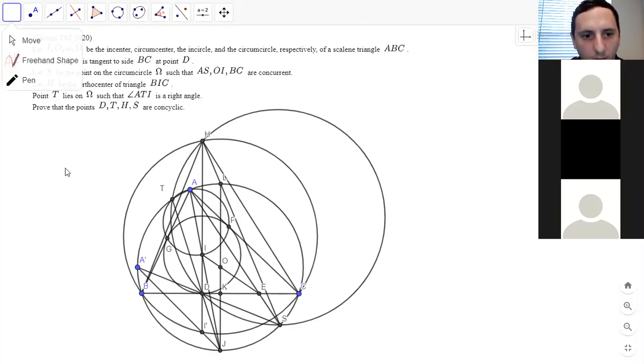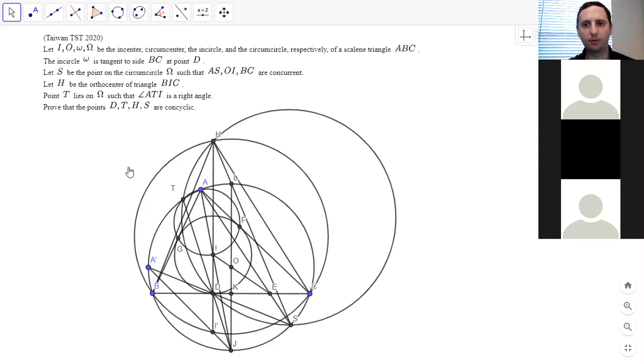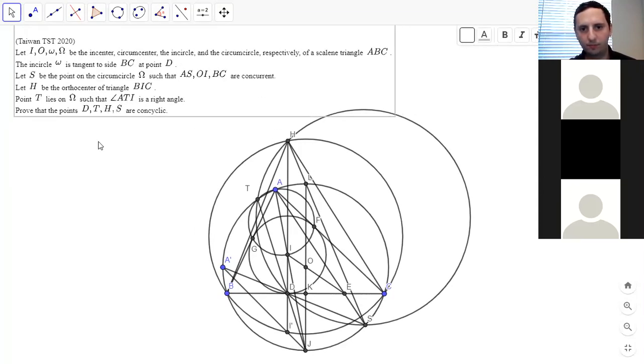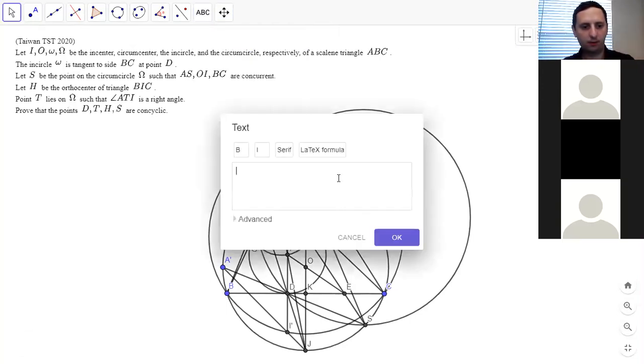So I guess we still have to prove that HS passes through the midpoint of arc BAC, but then, yeah, that would solve the problem. So I'm going to write up what we know so far. Okay, so I'll start by saying HS passes through the midpoint of arc BAC.